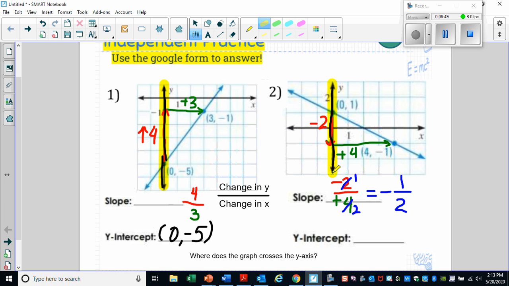We see that our point of the y-intercept is (0, 1). That's where our graph crosses the y-axis, when y is equal to 1. So our y-intercept for this problem is (0, 1).